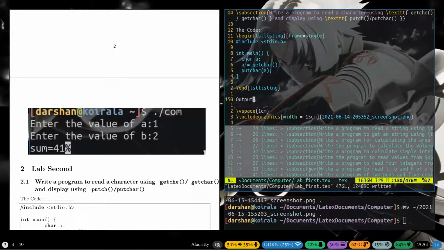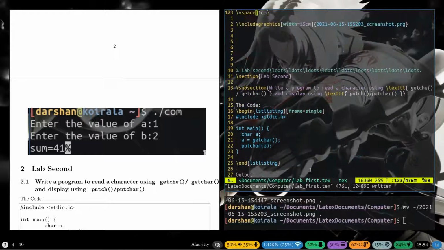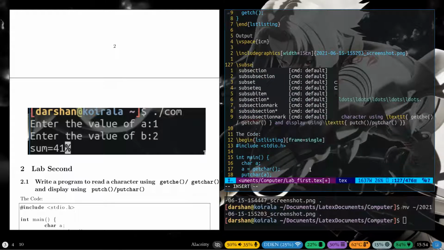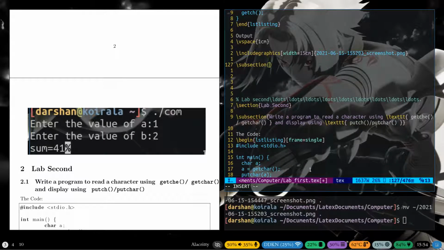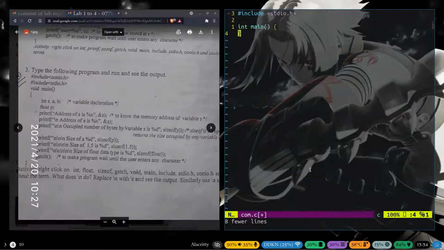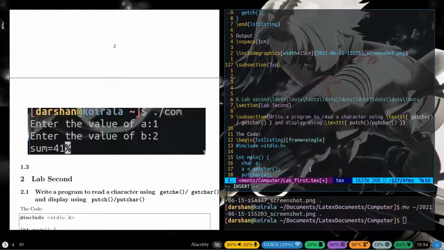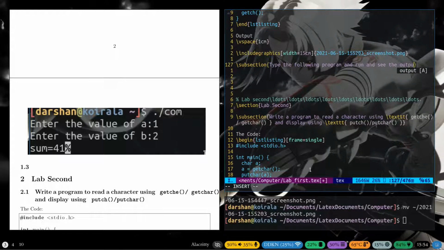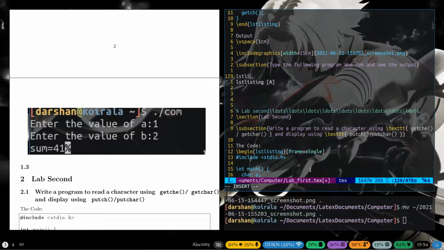Alright, what the heck? I just ran it very fast. So, subsection. What is the question? Type the following program and run and see the output.